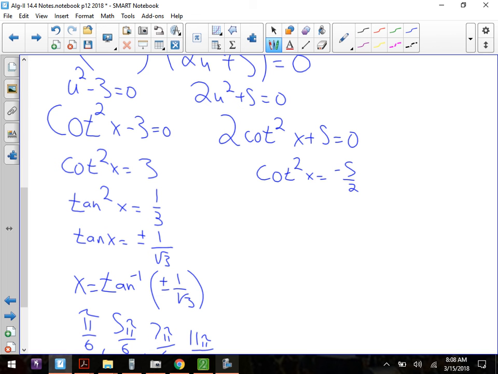Gotta save something for pre-calc. You remember this? Remember when we wrote stuff out like 3 plus 2i? That was an imaginary form, a plus bi, and stuff like that. Well, there's a trig form of that.